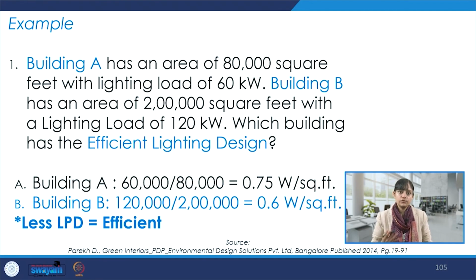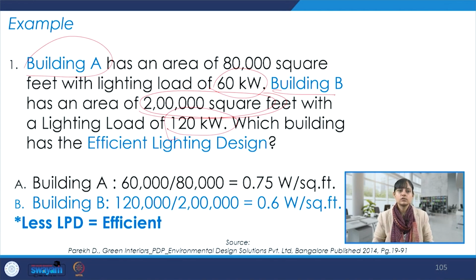So if I have to give you an example, let's say building A has an area of 80,000 square feet and a lighting load of 60 kilowatts. Building B has an area of 2 lakh square feet, with a lighting load of 120 kilowatts. Which building has the efficient lighting design?